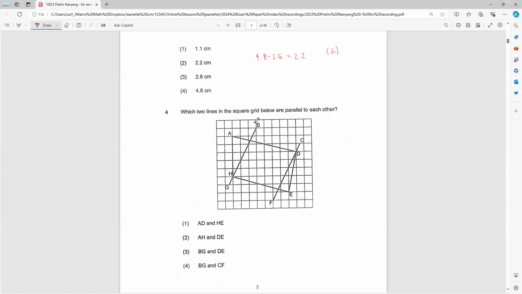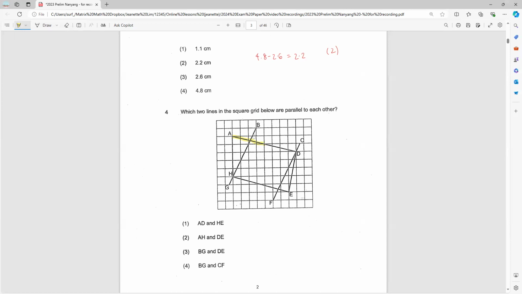Now, how do you check if they are parallel? You just need to check at which point, like the corner of a square, it starts from that point until which point does it end when it's touching another corner of a square. So for this, from the start of A, all the way to this, you're cutting across 4 squares.